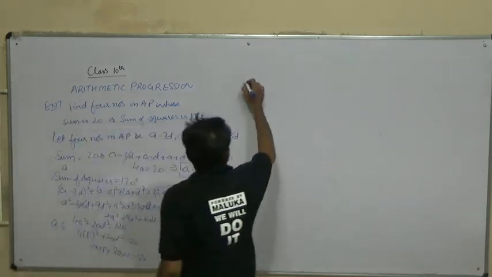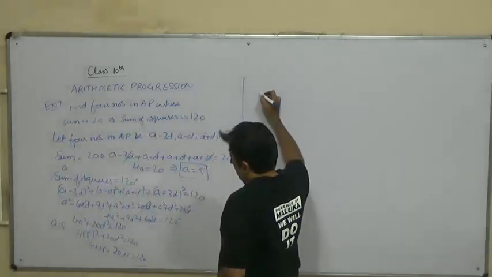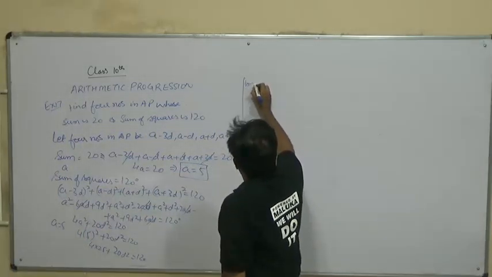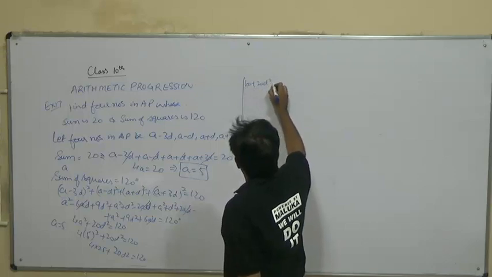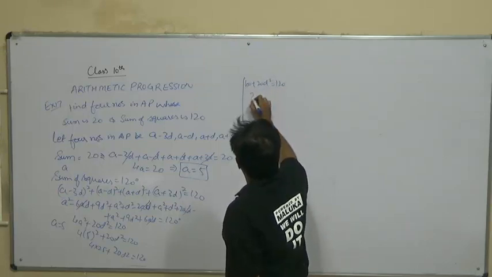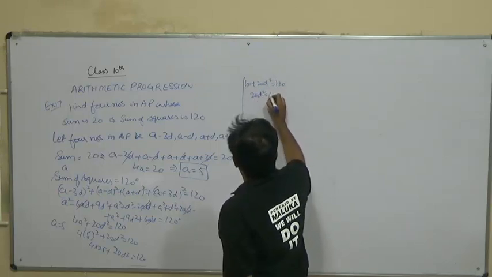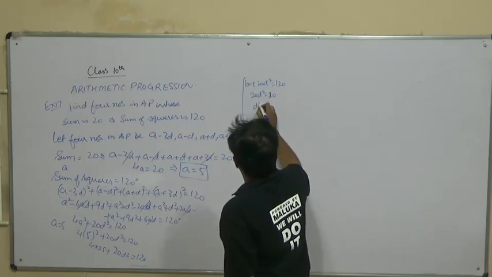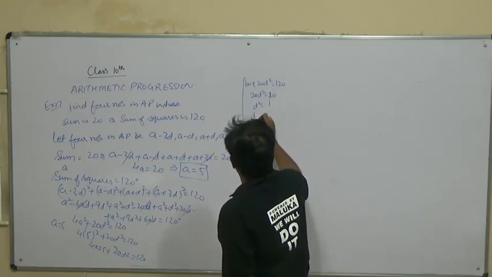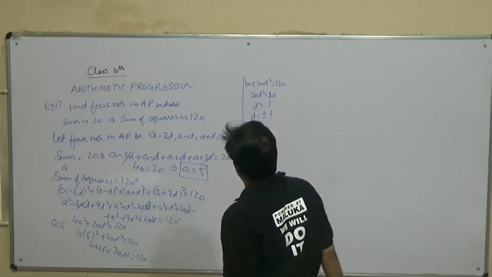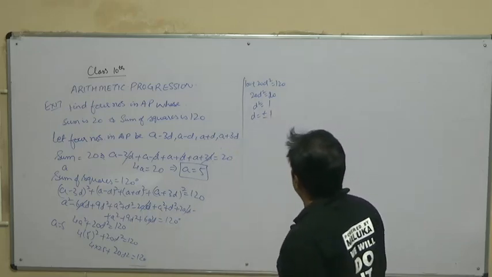Now this will be 100 plus 20d square is equal to 120. So 20d square is equal to 20. So d square is equal to 1, d is equal to plus minus 1. Now we can write the numbers.